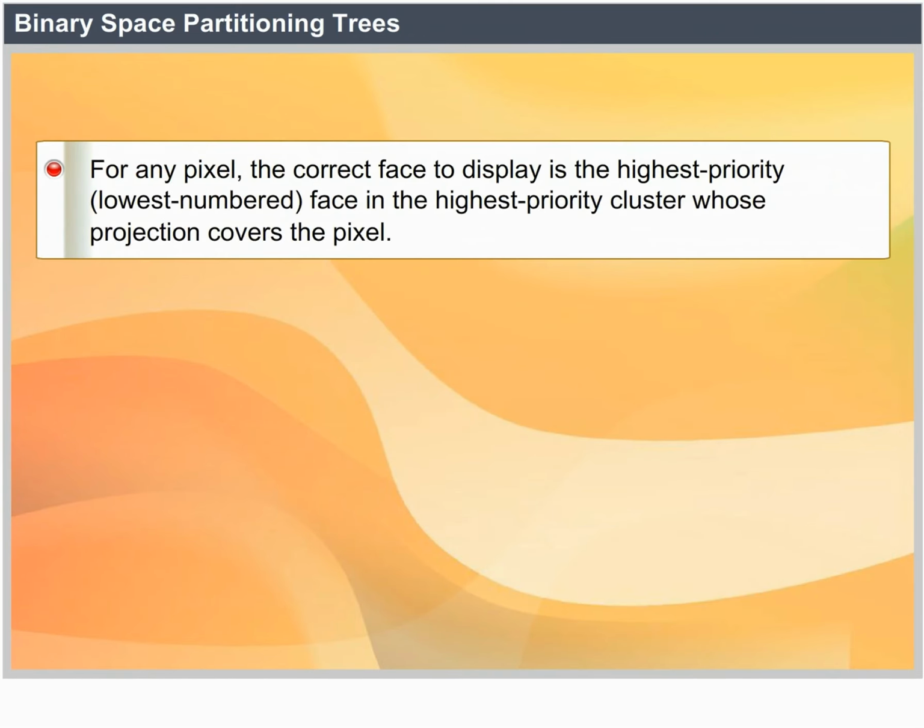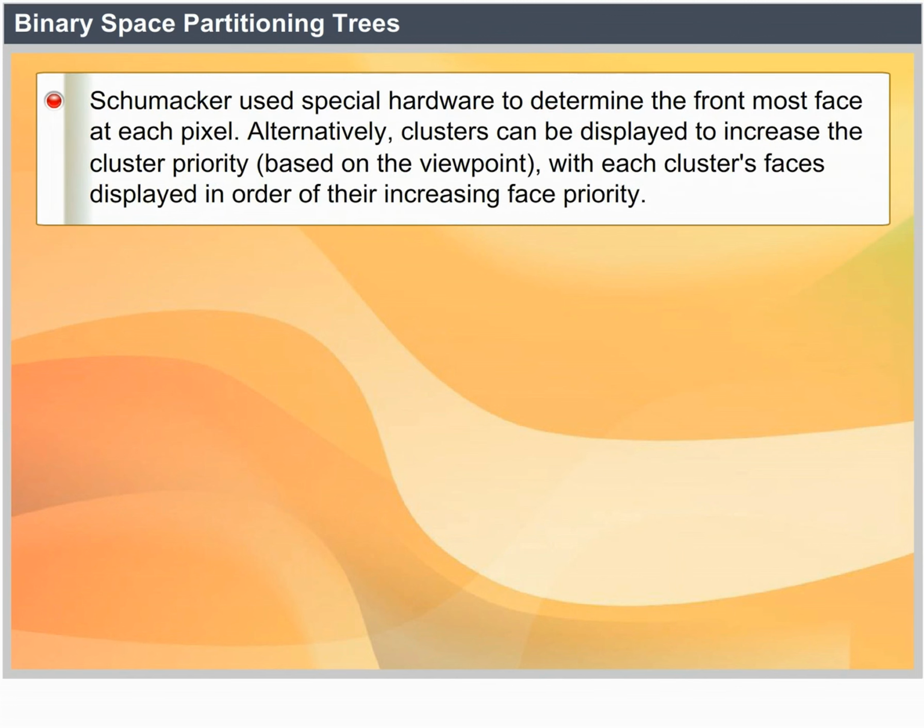For any pixel, the correct face to display is the highest priority, lowest numbered face in the highest priority cluster whose projection covers the pixel. Schumacher used special hardware to determine the frontmost face at each pixel. Alternatively, clusters can be displayed in order of increasing cluster priority based on the viewpoint, with each cluster's faces displayed in order of their increasing face priority.